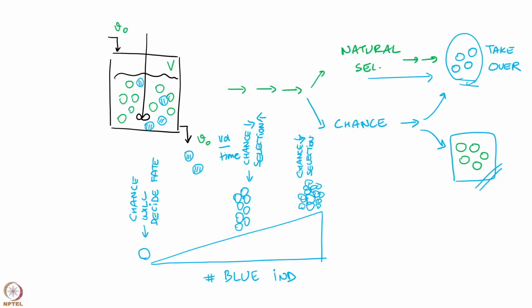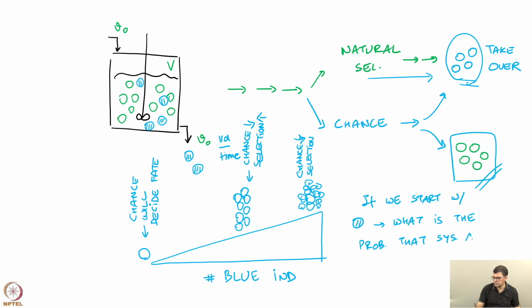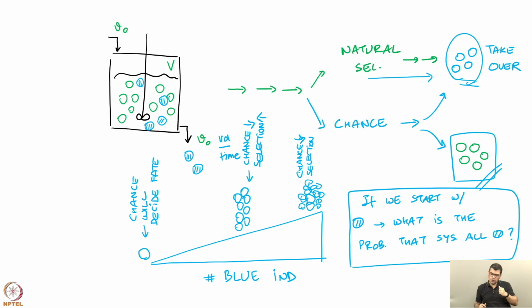So, going back to the question, if we start with one blue individual, what is the probability that the system reaches all blue? That is the probability that we will start to derive from the next video onward.